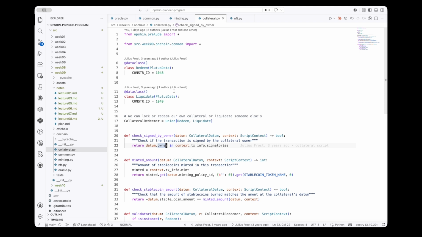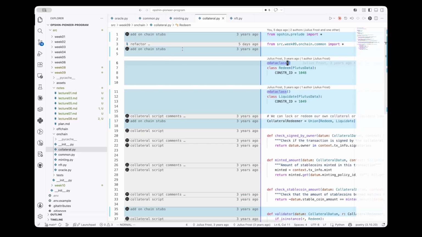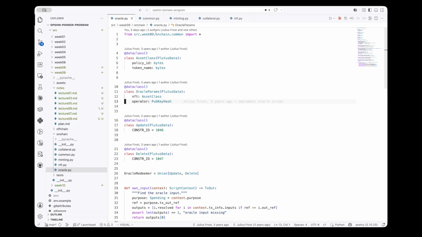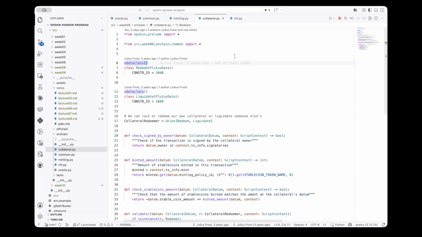So let's start with the collateral. In this case, there are 2 redeemers, one of them is called redeem, and the other one liquidate.